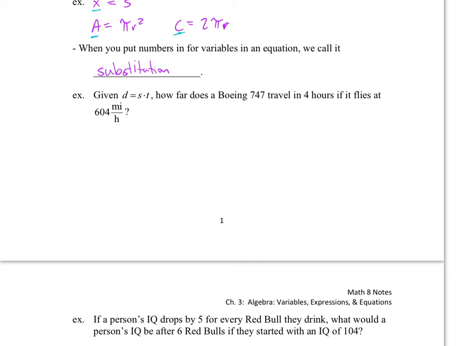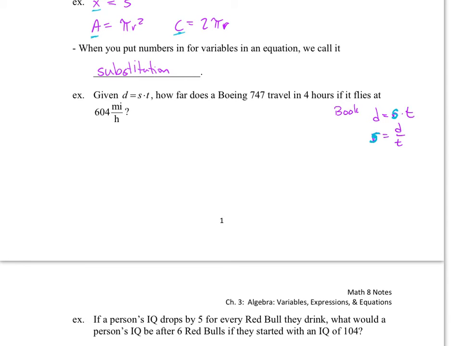In the book, they use the formula D equals R times T, or R equals D divided by T. This R here, you could just change to an S. So if you want in your assignment, change that R to an S, or just know that the R is rate, which is speed.